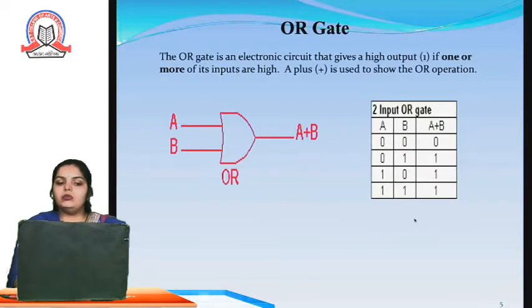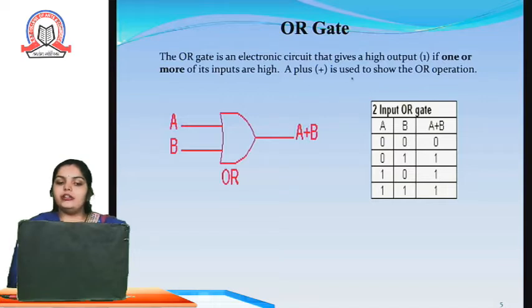Now the next gate is the OR gate. The OR gate gives a high output if one or more inputs are high. This means if one input is high and the other is low, it will give you a high output. If both the inputs are high, then also it will give you a high output.